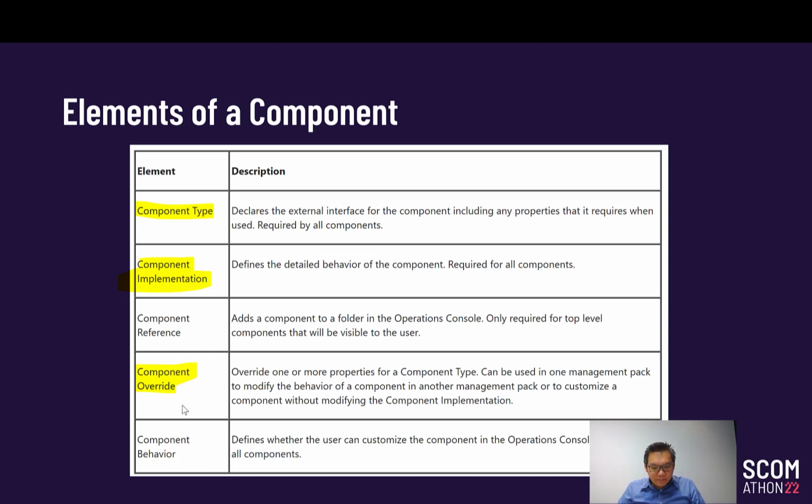As mentioned in the previous few slides, each component is defined by a combination of the following parts that are management pack elements. There are 3 main parts that we will be focusing on in this session. They are the component type, which declares the external interface of the component, including any properties that it requires.